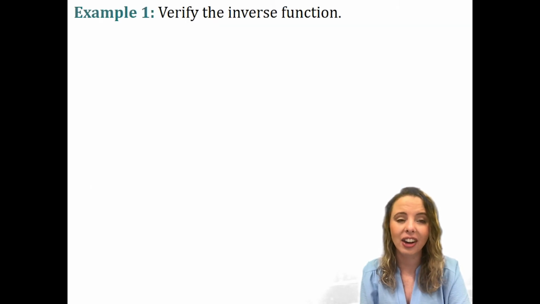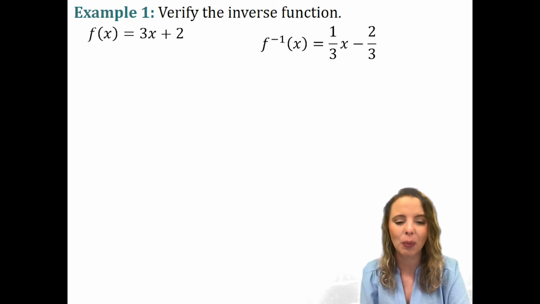Now let's verify that this is indeed the inverse. So we have our function 3x plus 2 and the inverse that we just found, 1/3 x minus 2/3. To verify, we need to take our inverse function and plug it into our original function. So here we have our original function, f of x equals 3 times the space where the x is supposed to be, plus 2.